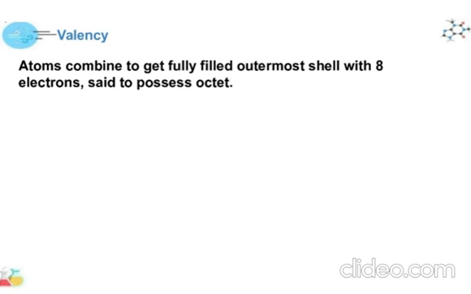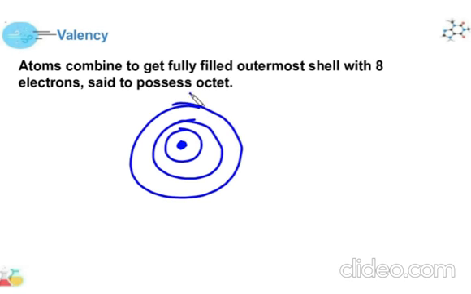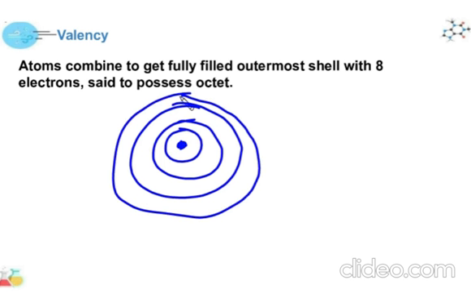Atoms combine to get a fully filled outermost shell with 8 electrons. For any element, the outermost shell is supposed to have 8 electrons, but not all elements have 8 electrons. So with combining, they take from others and give to others.